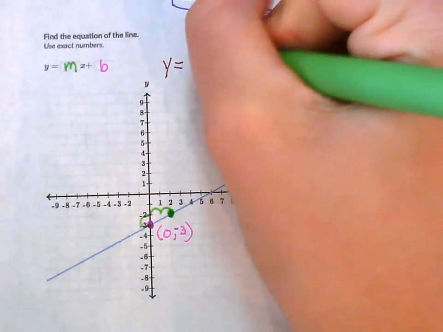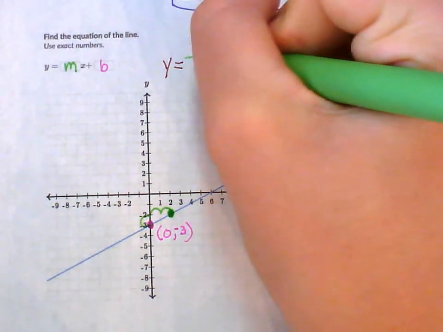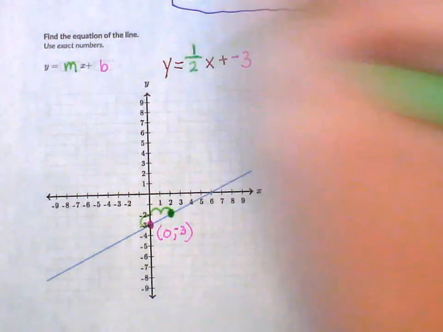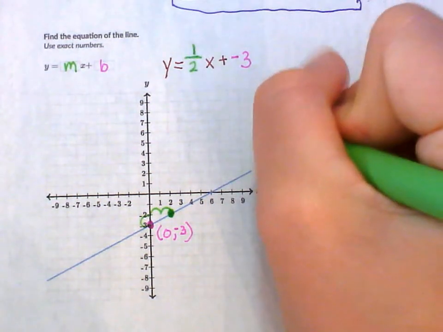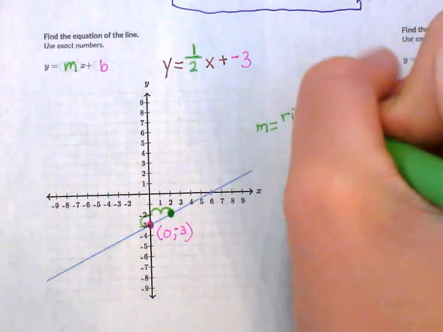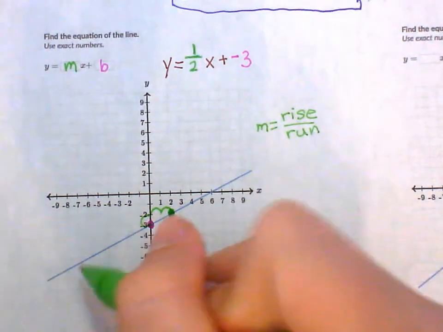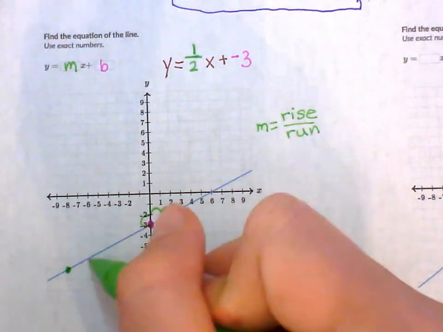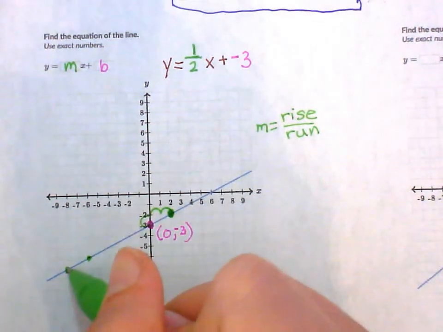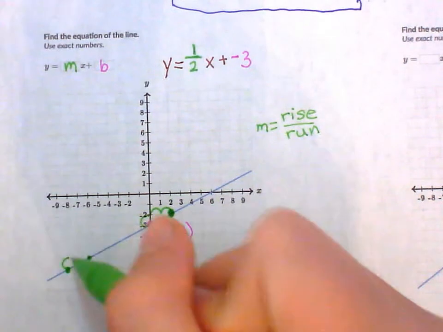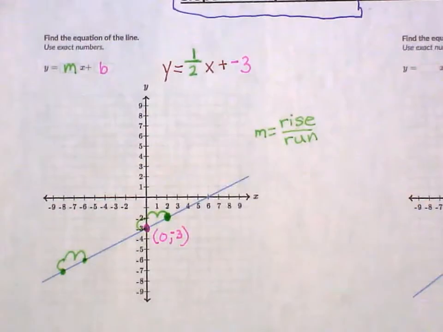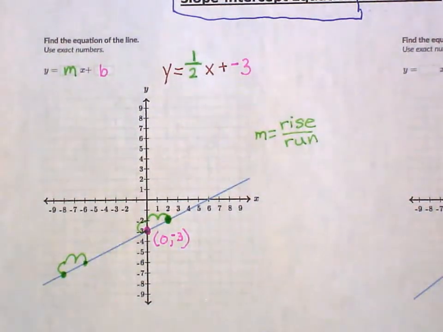So we rose up 1, so +1 over +2, because remember, slope is rise over run. You can check it from 2 other points. From here to here, we rise up 1 and we run 2. So this is the answer.